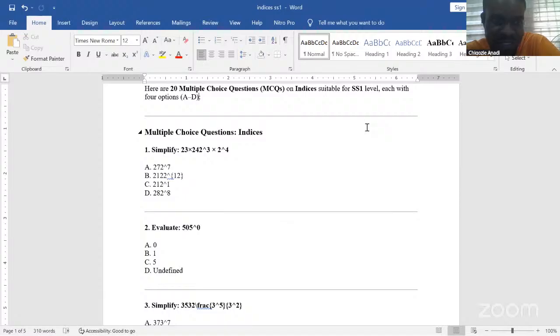Oh, you don't understand the first question. The first question says 243 raised to the power 3 times 2 raised to the power 4, right? Yes. So what is 243 raised to the power 3?